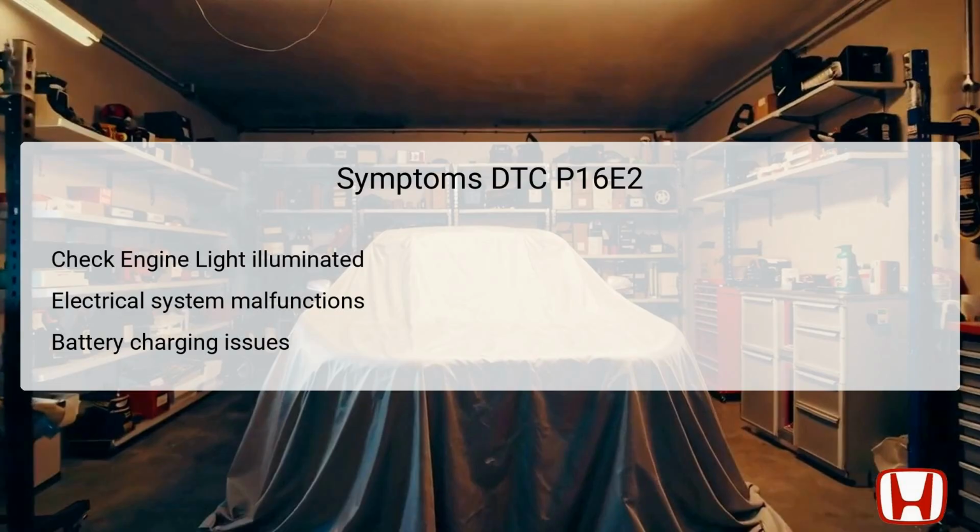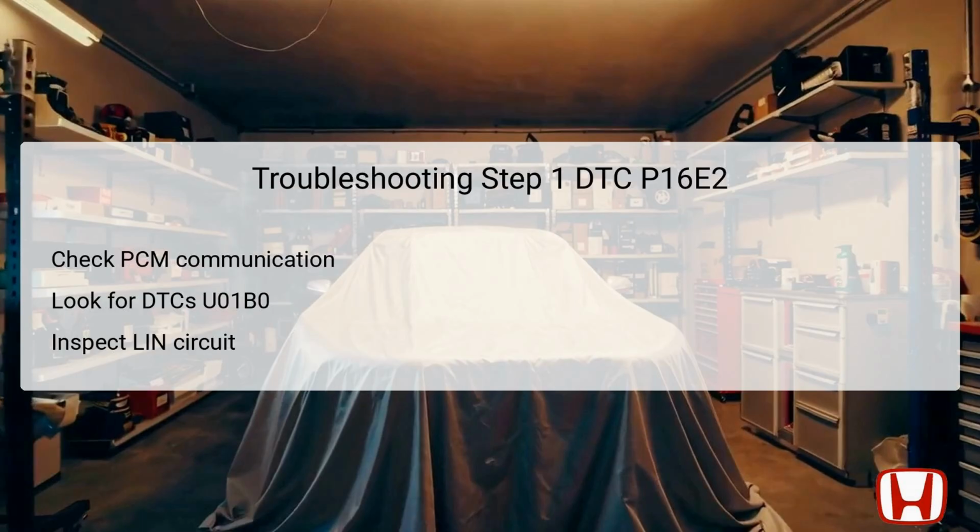vehicle's electrical systems. The first troubleshooting step for DTC P16E2 is to verify the communication link between the PCM and the LIN network by checking for additional DTCs like U01B0. If this fault code appears alongside P16E2, it can suggest a broader communication issue within the vehicle's network.